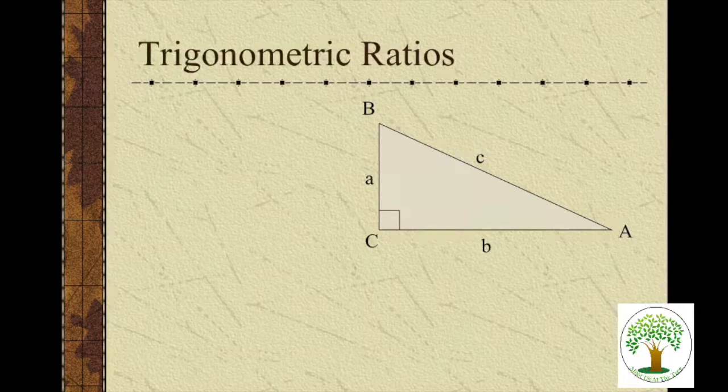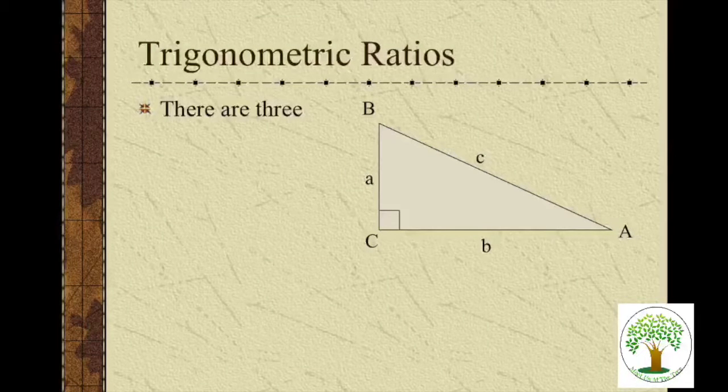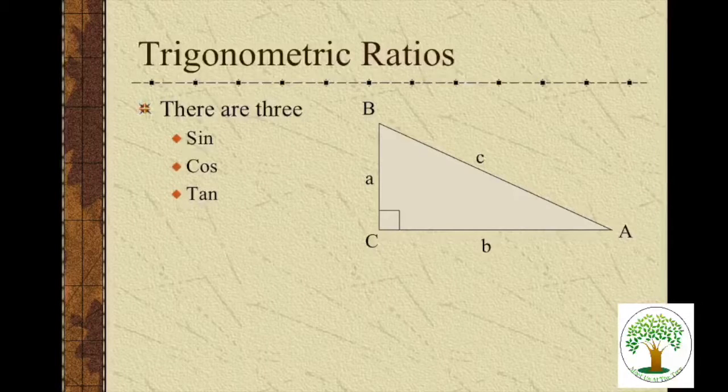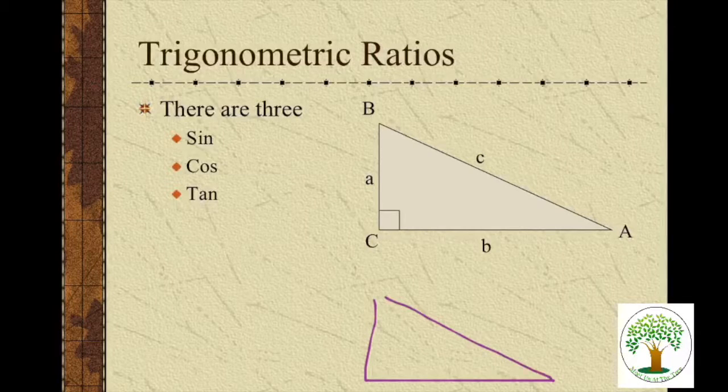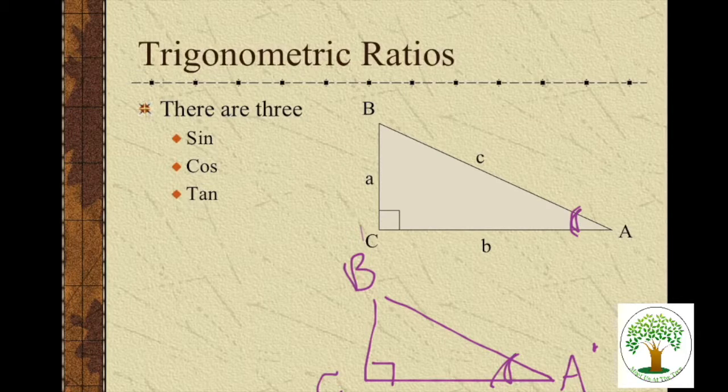All right? We're going to talk about some ratios. There are 3 ratios: one called sine, one called cosine, and one called tangent. If I drew a smaller triangle, and I called this one A prime, B prime, and C prime, and it's a right triangle, and angle A was congruent to angle A prime, and since they're both 90, these would be similar triangles.